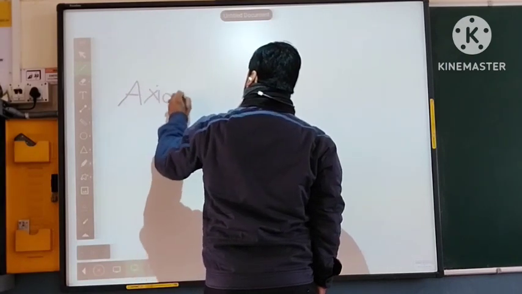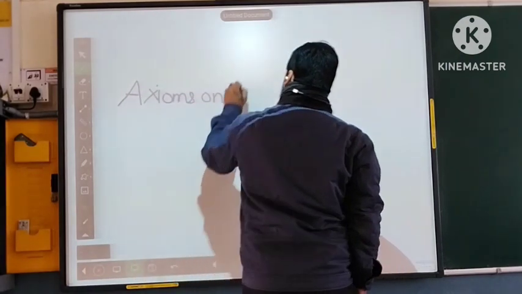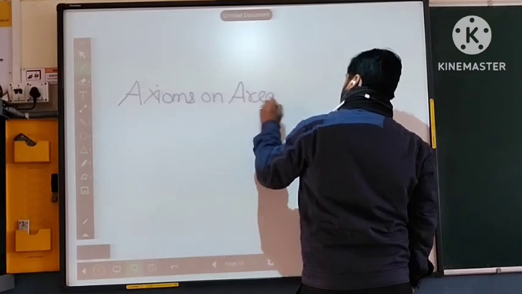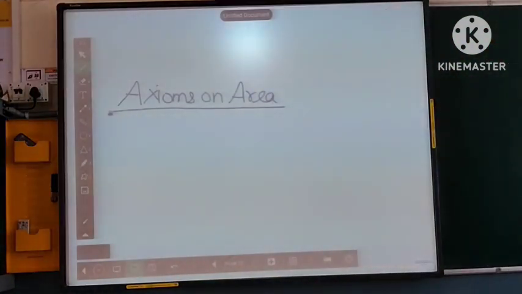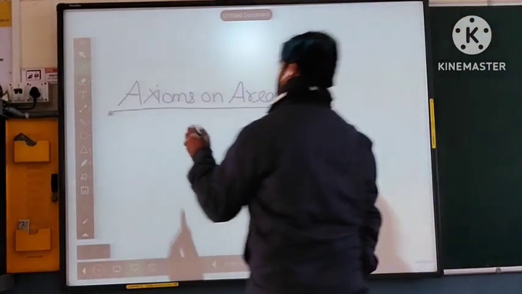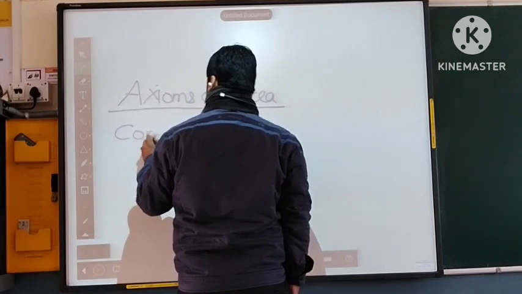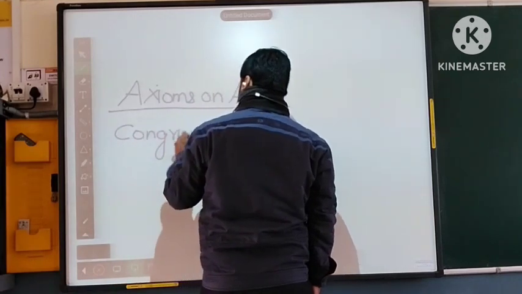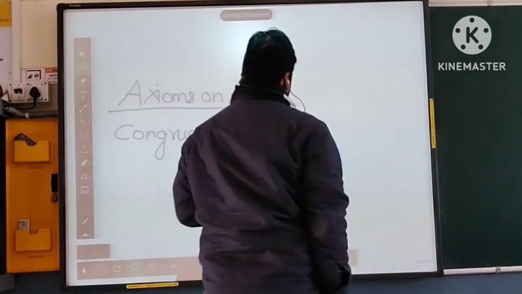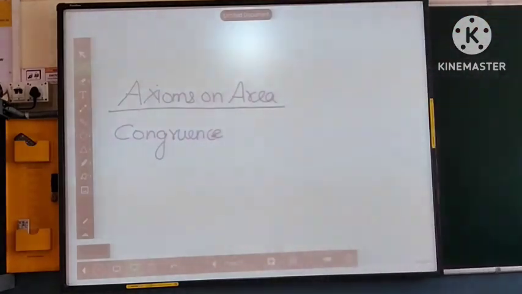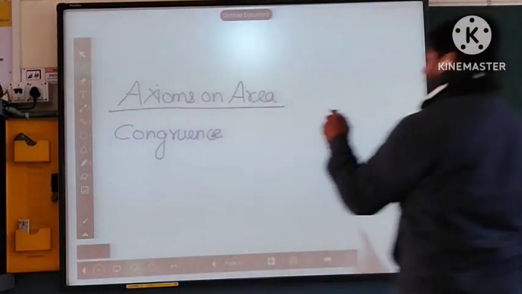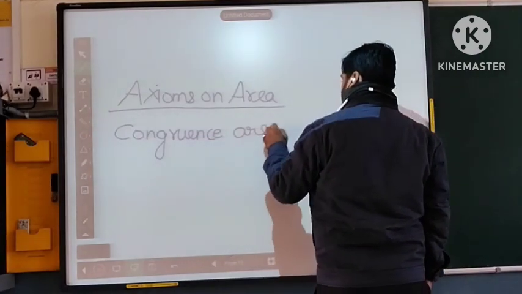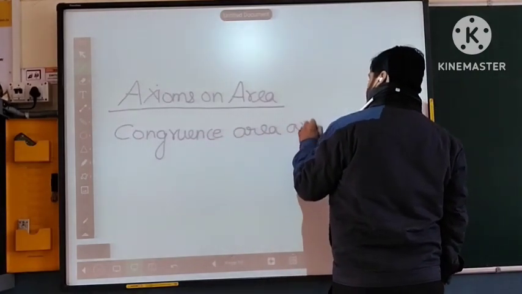So first thing I am writing is axioms on area. What are those? The first thing is the congruent area axiom.